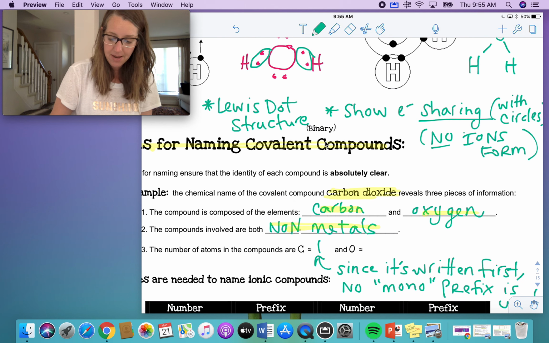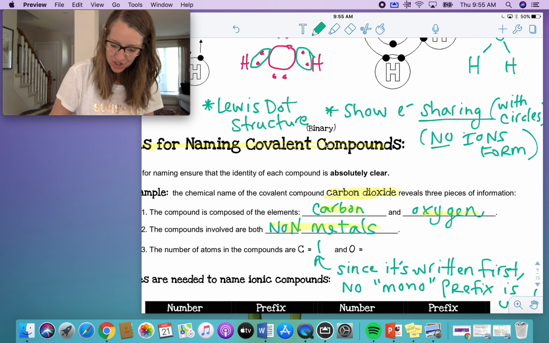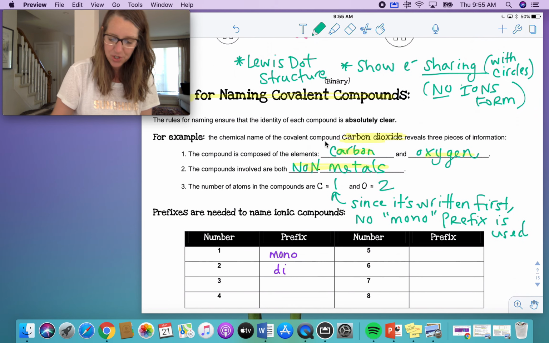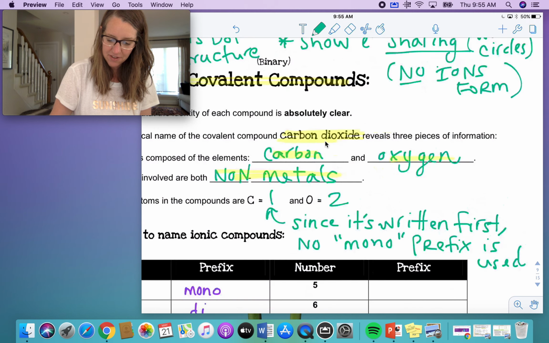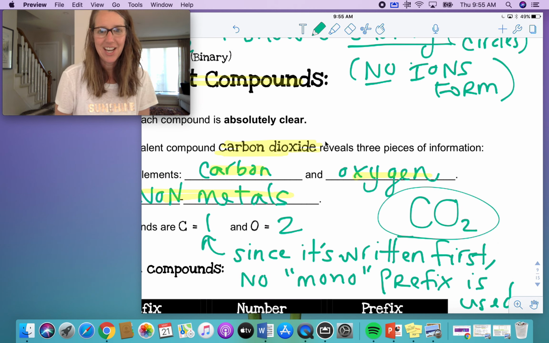Dioxide, okay? Di refers to how many? Do you know that? 2, obviously. So oxygen has 2. Do you see that? And so if you were to write the formula for that, it's so easy. All you do is write CO2, and that's how you write the formula.